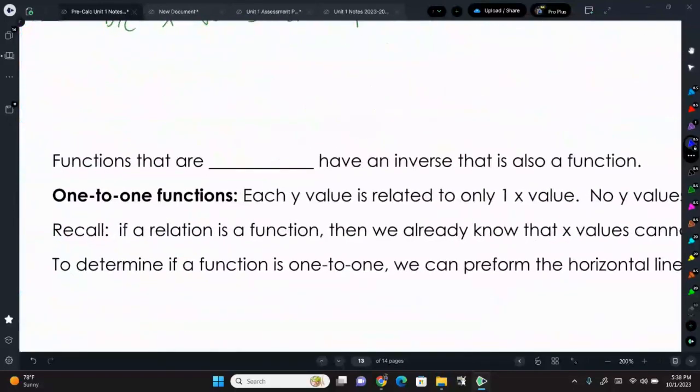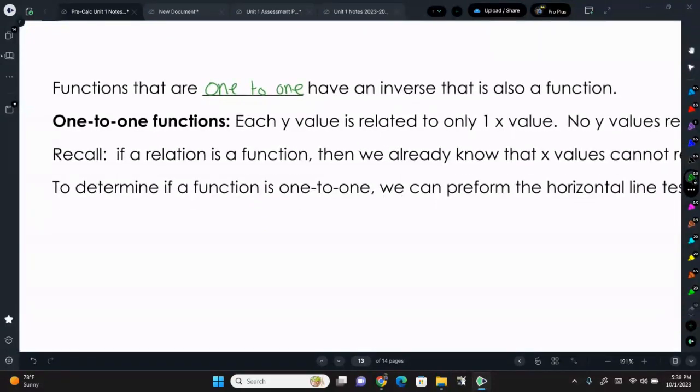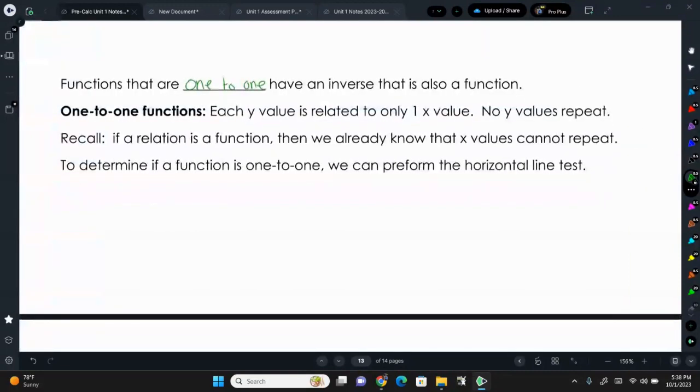Functions that are called 1-to-1 have inverses that are also functions. What 1-to-1 means is that each y value is related to only one x value. So no y values or x values are repeated if the function is 1-to-1.